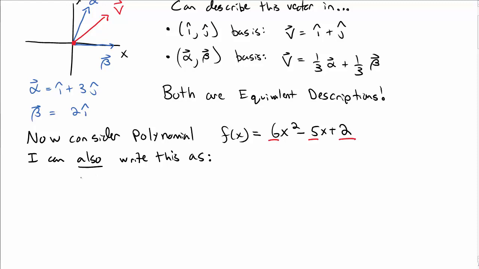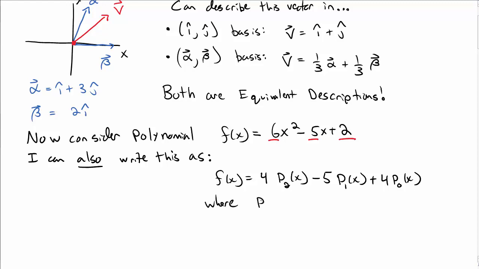I could write f of x as 4 p2 of x minus 5 p1 of x plus 4 p0 of x, where p2 of x is the polynomial 1/2 (3x squared minus 1), p1 of x is x, and p0 of x is 1.